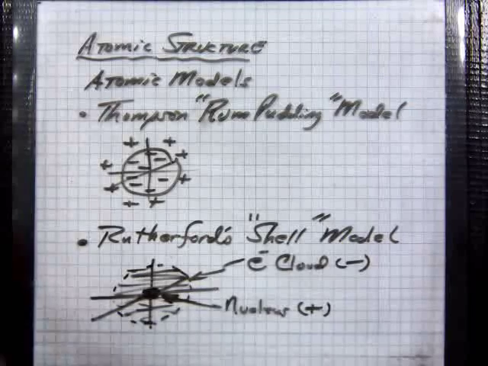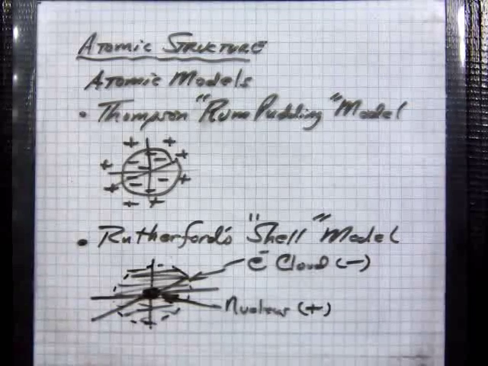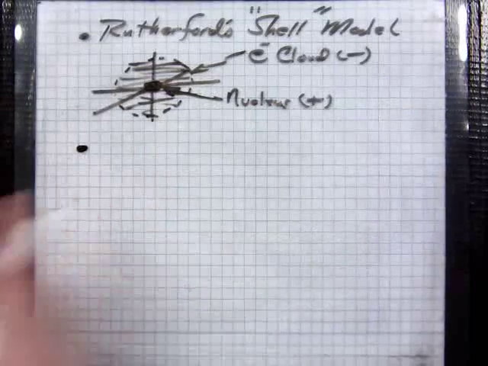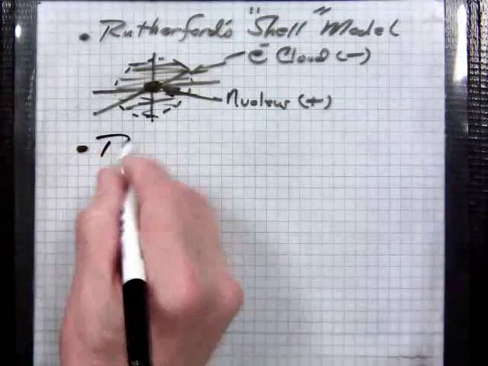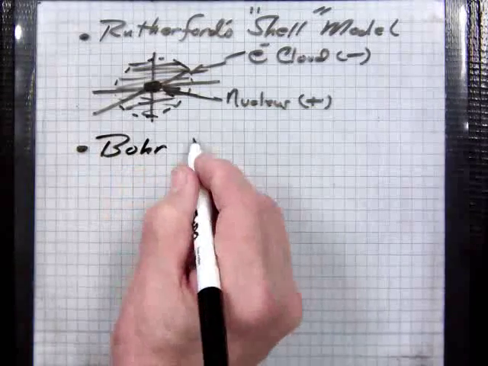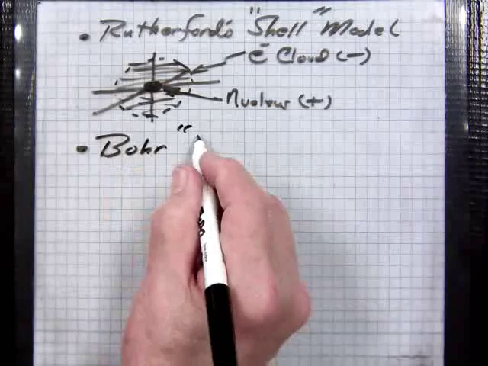Our next theory is what we call the Bohr concentric ring model, and this should start sounding familiar.